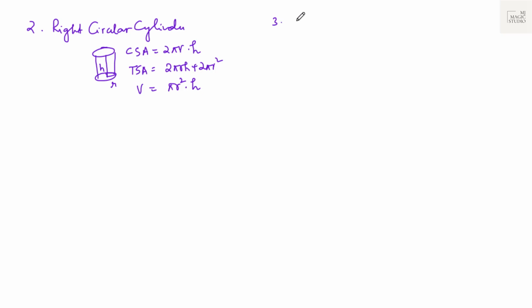Now we can have right circular cone. We call it right circular cone, which is 1/3 of the cylinder. We've got height, radius, and this part is known as slant height. So our job is first to find the value of slant height. Slant height is root over h square plus r square.